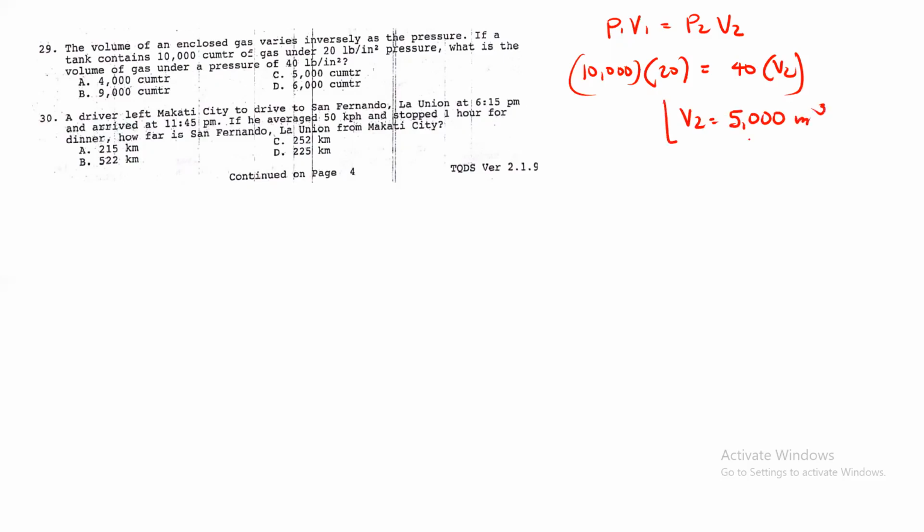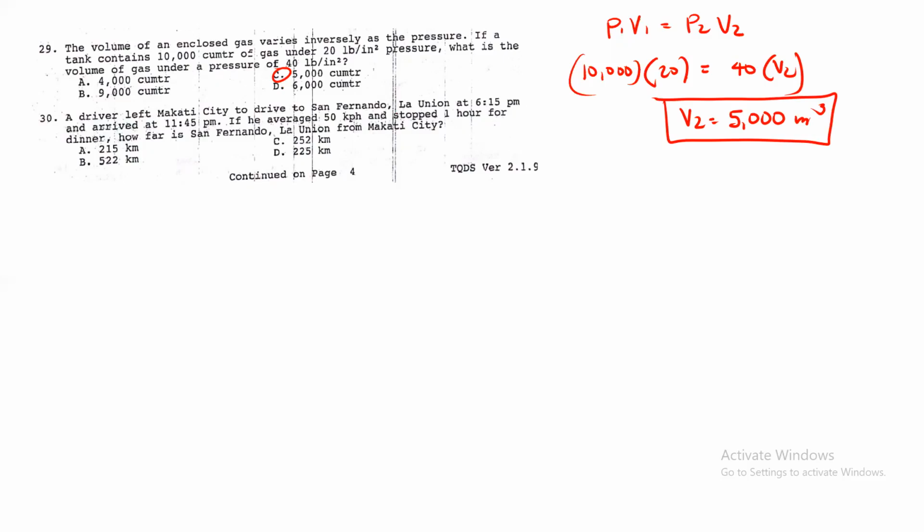So, P1 V1 is equal to P2 V2. So, 10,000 times 20 is equal to 40 times V2. We get V2 here as 5,000 cubic meters. So, the answer is letter C.